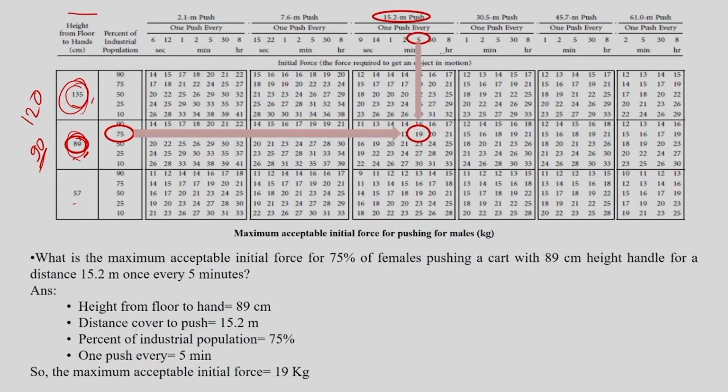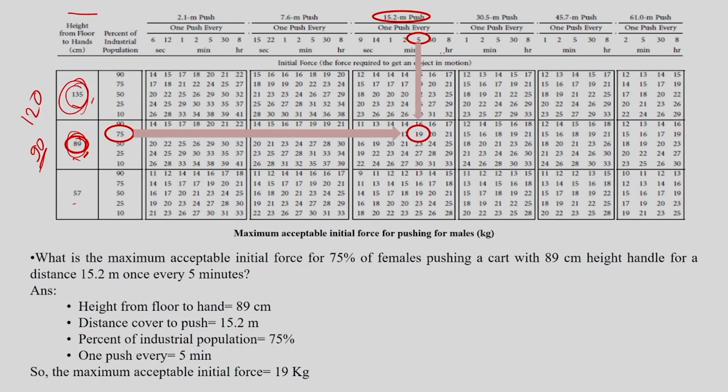If you do it for 135, then definitely there will be no chance of injury, but if you take 89, maybe there is some percentage of chance where injury can happen. So that way you should decide.